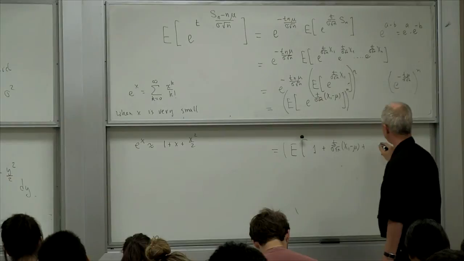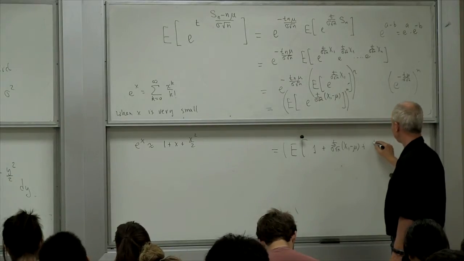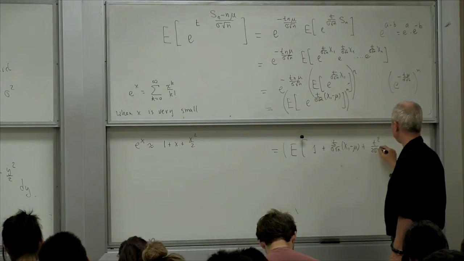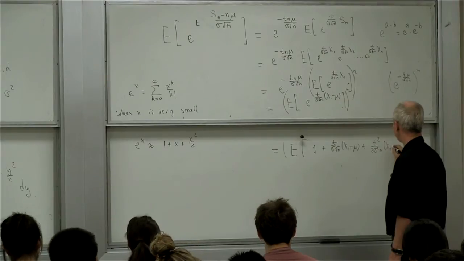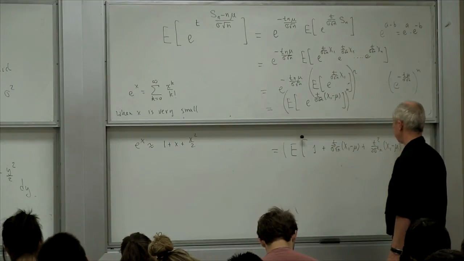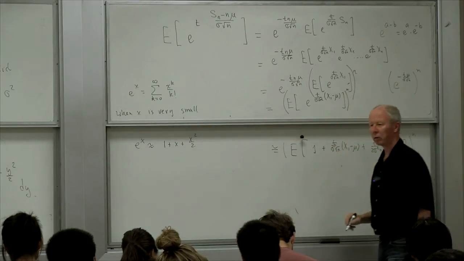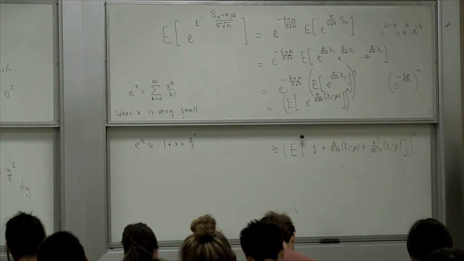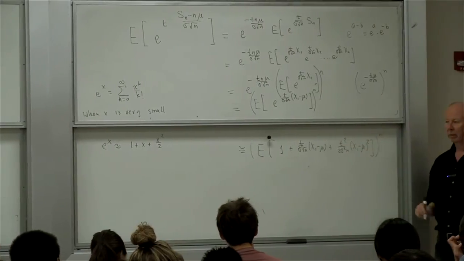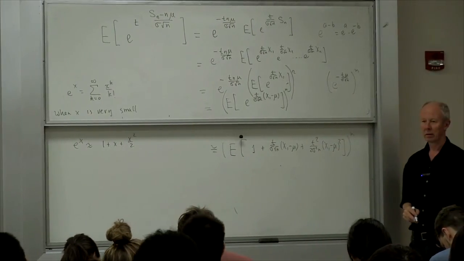And then plus a t squared over 2 sigma squared n times x1 minus mu squared, all raised to the n. So this is about equal. And in the limit as n goes to infinity, we get the same thing, both here and here.